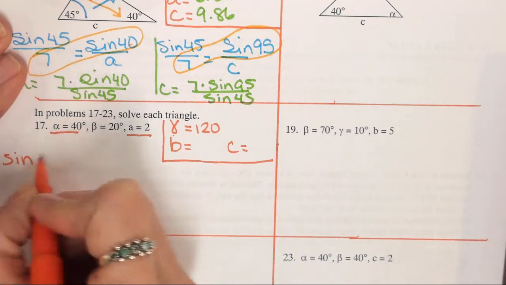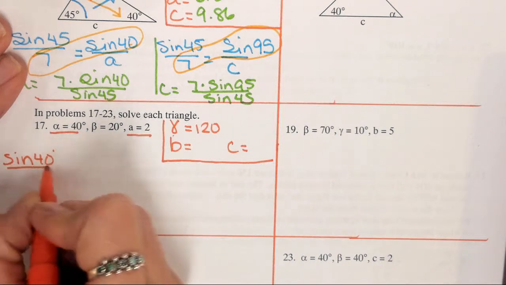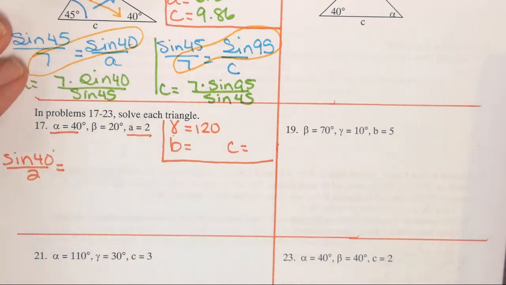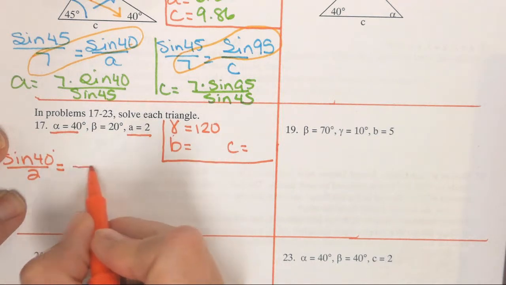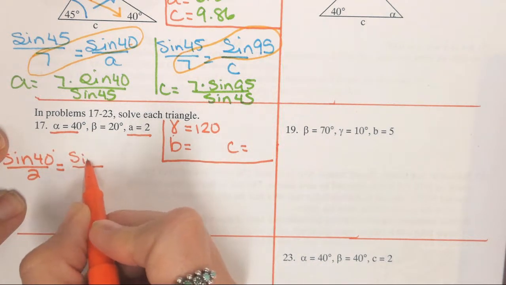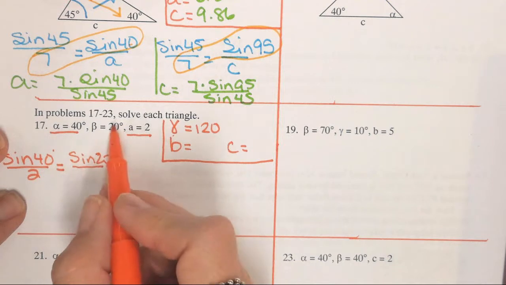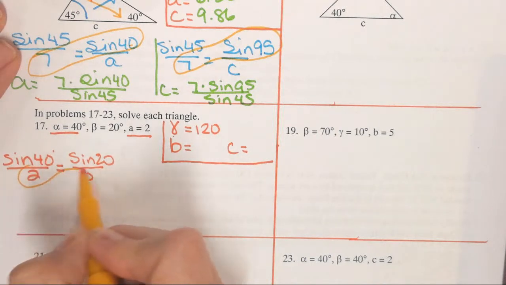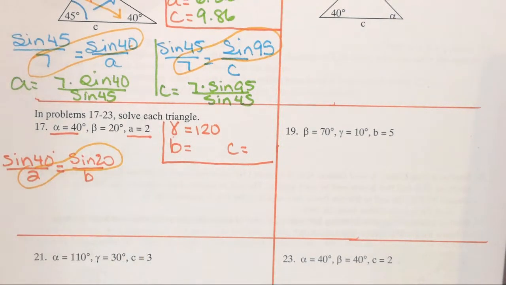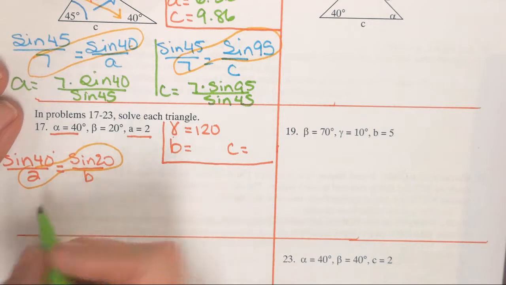So I can write sine of 40 over 2 equals, that's my alpha over my A. They gave me beta, sine of 20, and if they gave me beta, it means I'm looking for B. And now we're going to go do the same thing we did earlier. Circle the two numbers that are diagonal, divide by the one I didn't circle.